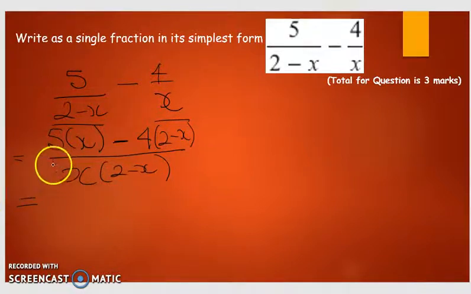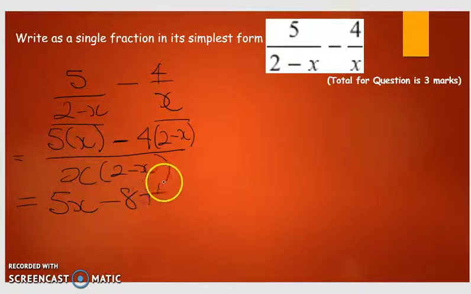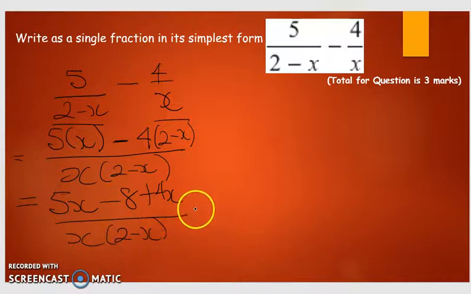Now expand your numerator. 5x minus 8 plus 4x divided by x times 2 minus x. I prefer to keep denominators the same, unless I realize the numerator would also simplify to something that I can cancel out.